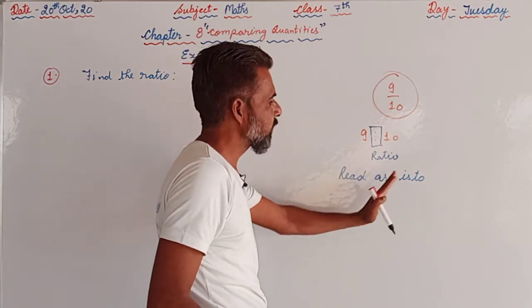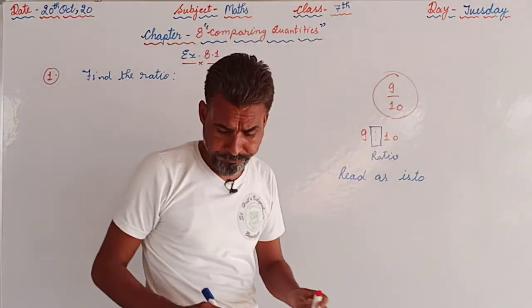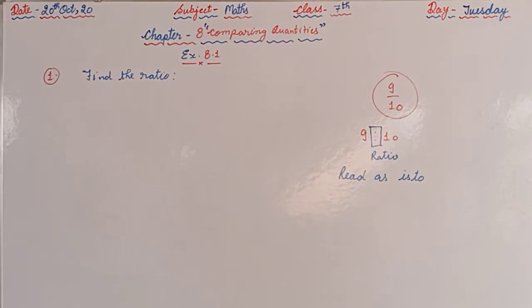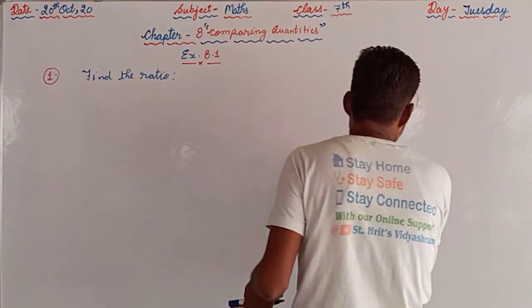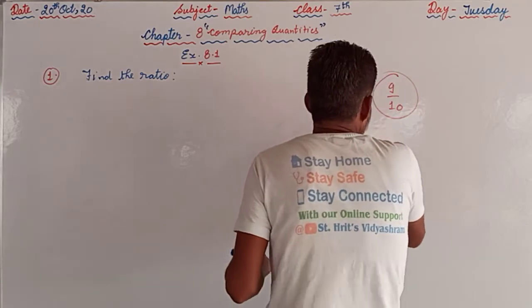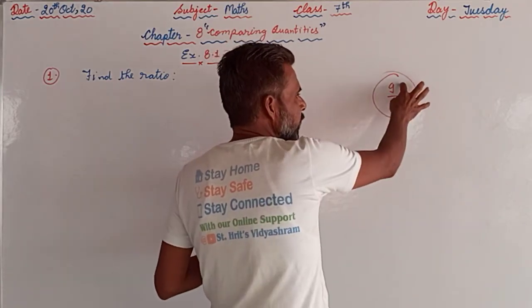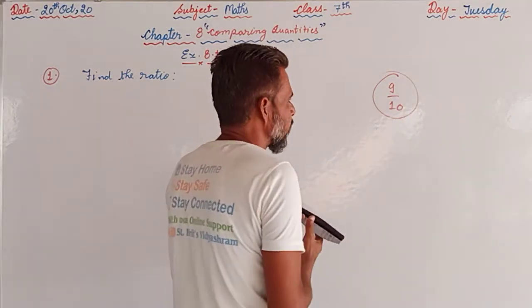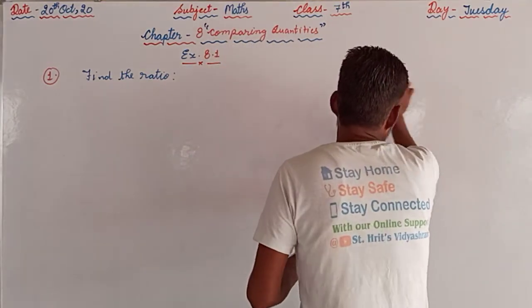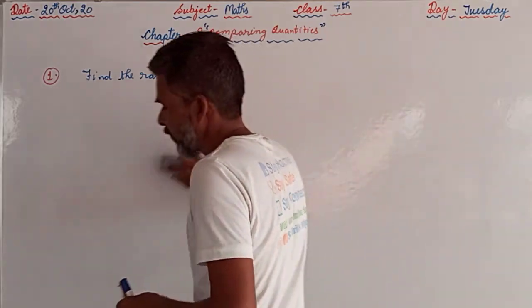That is one way of comparison, meaning we are supposed to find the ratio. To find the ratio, 9 are the marks and 10 are also the marks. The quantities have the same units. We are supposed to see that also, whether the units are the same or not.